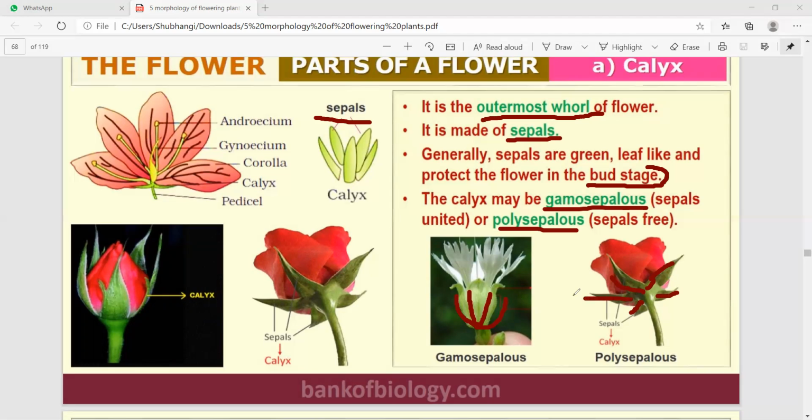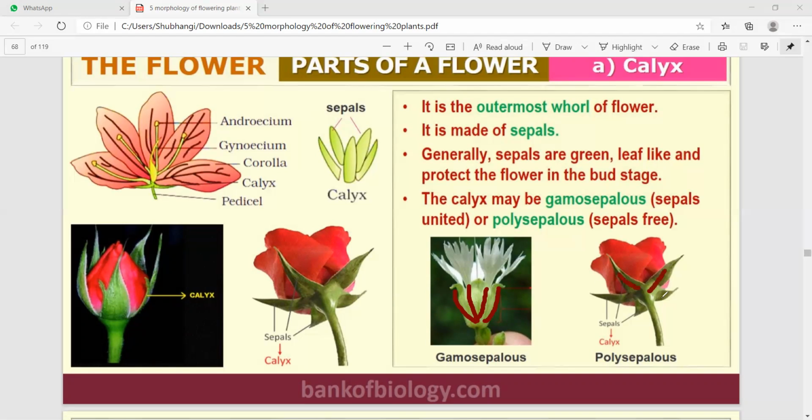Any doubts here? Sir, does this structure decide whether it will be united or free, or is there something like that? No, there is no such differentiation. It depends upon the function of the flower. You can see here when the calyx is gamosepalous, the petals are arranged in a different pattern, as in case of rose, it is polysepalous.